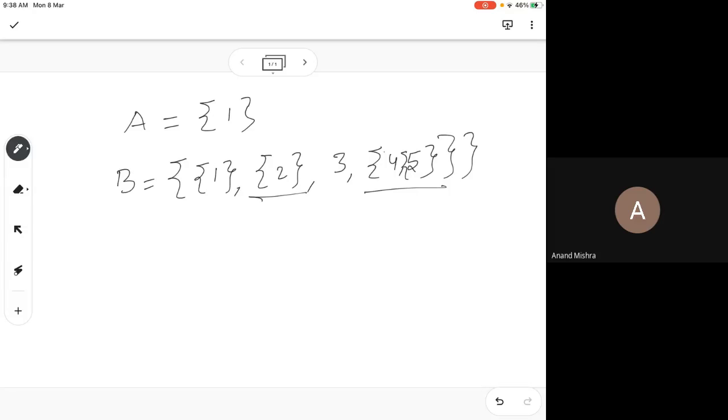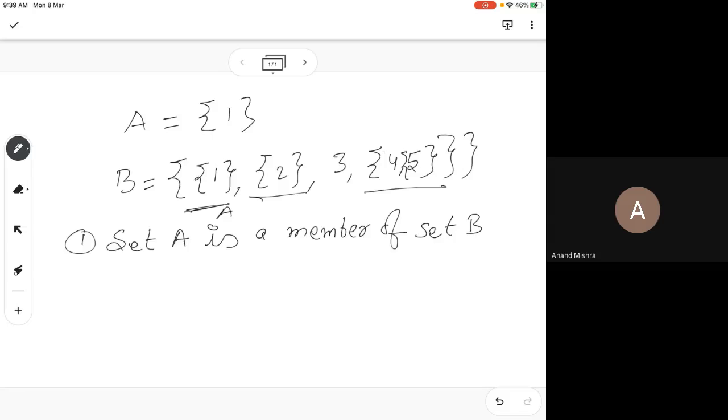So the question was, the first statement was, set A is a member of set B. Isn't that clear? This is set A, right?